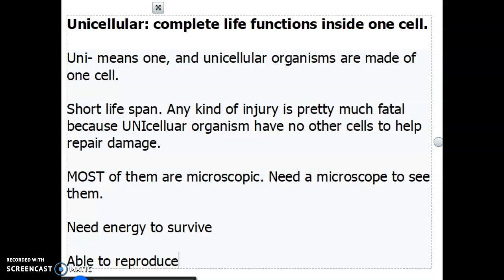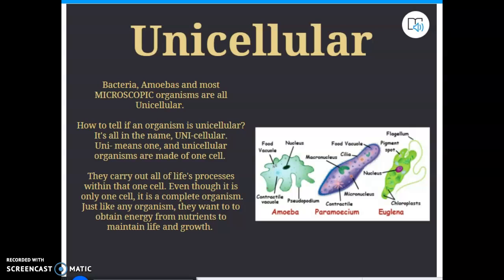You've added a couple of new things in there about having a short lifespan and needing energy to survive, and they can reproduce, but for the most part, I think you covered most of that at the beginning of the year, and you're correct. We did. We covered this already. As a matter of fact, we used these exact slides to cover this at the beginning of the year.